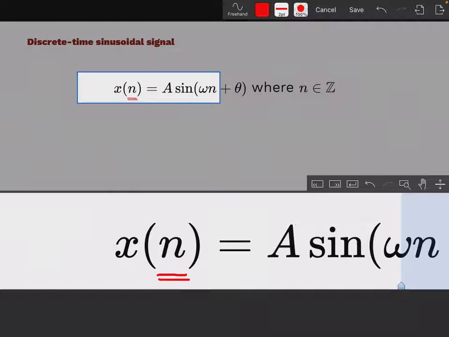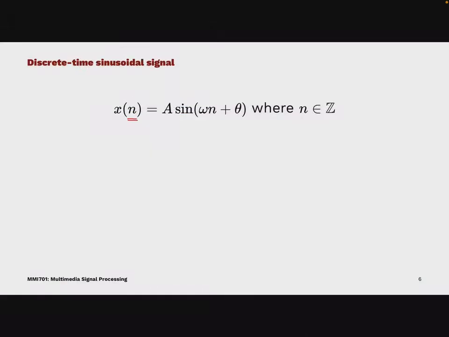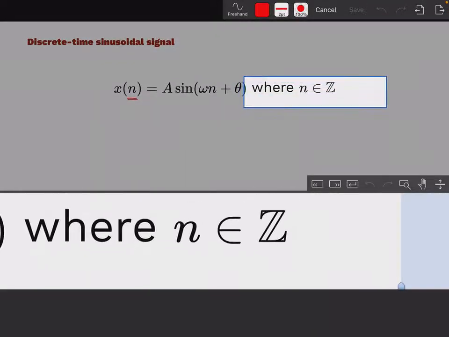Now, x of n is a series of numbers, and each number, each sample, represents the value of the signal at that given time instant. But the time instant we're talking about is not continuous anymore. So this signal does not have a value between n and n plus 1. It only has values at n and n plus 1, but it doesn't have a value at n plus 0.5. That is, n has to be an integer.